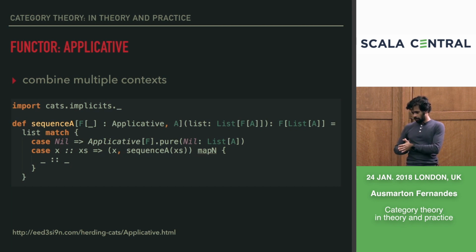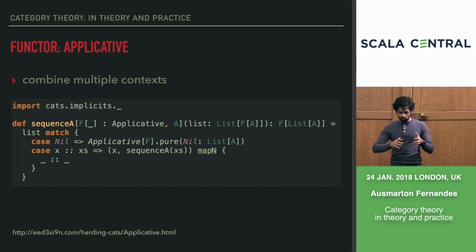So we have a functor called applicative, and you would hear terms like applicative functor or just applicative. It's kind of similar to a monad. I didn't want to touch on monads today, but it's sort of a weaker abstraction than a monad.